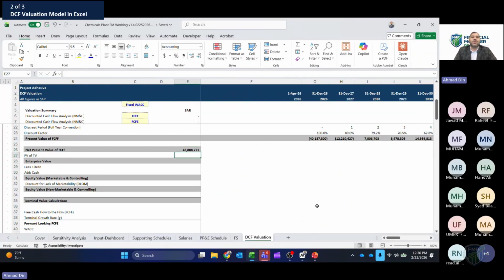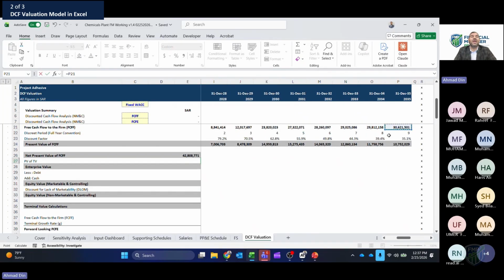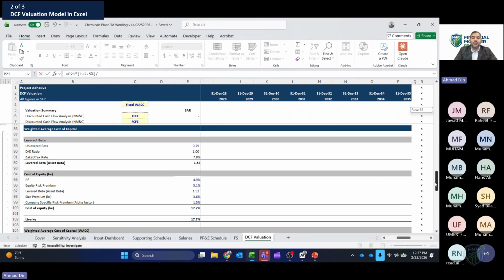There are two ways to calculate that. Either we use the simple one formula: free cash flow of the last year times 1 plus growth rate, divided by WACC minus growth rate.